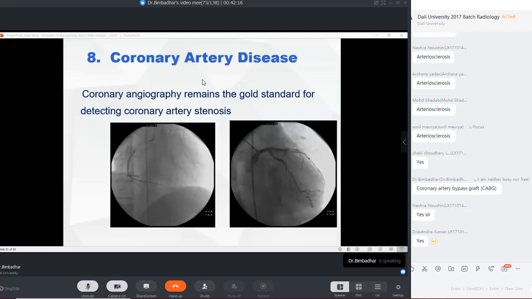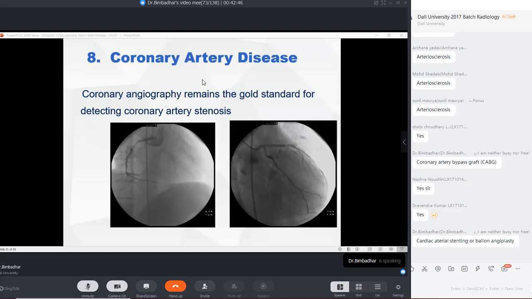Okay, or we will also do another method. Both are done radiologically. Coronary artery bypass graft is also in these days done radiologically, but before they used to open up the chest and do it. But they are also doing cardiac arterial stenting or balloon angioplasty.